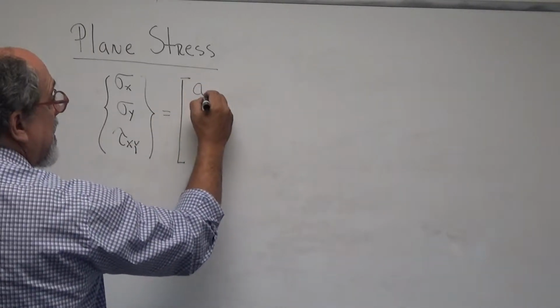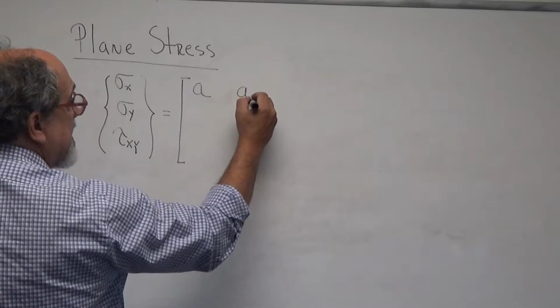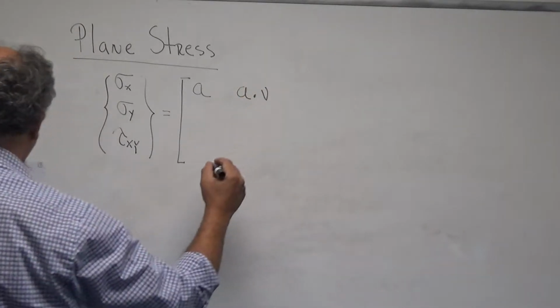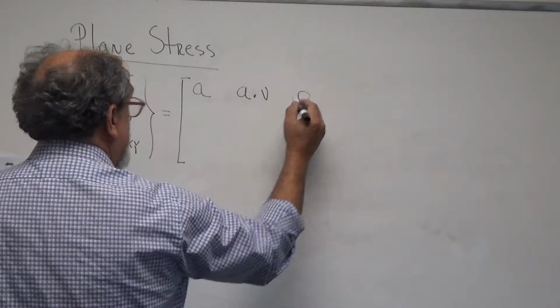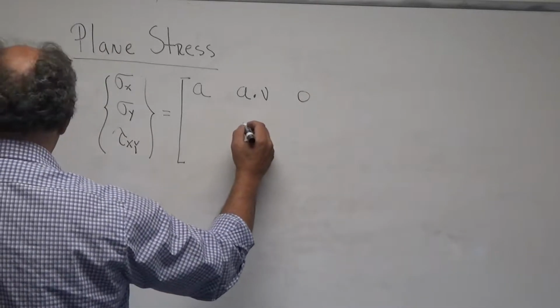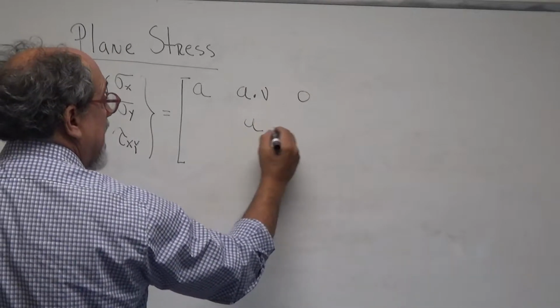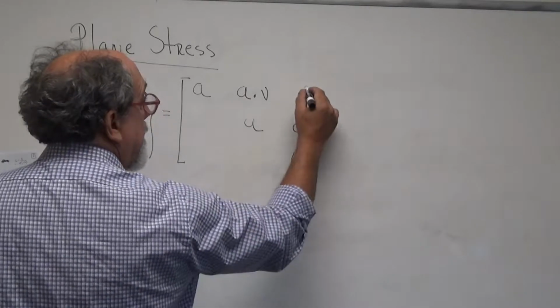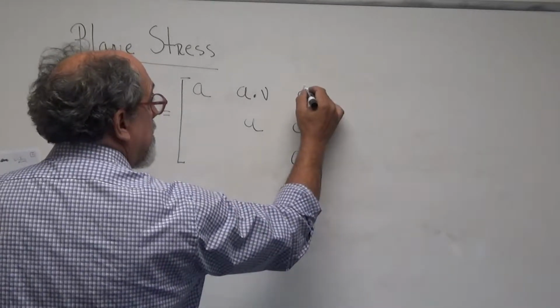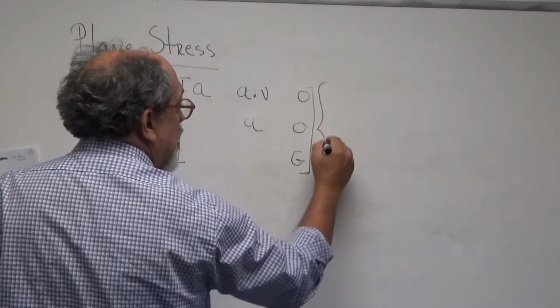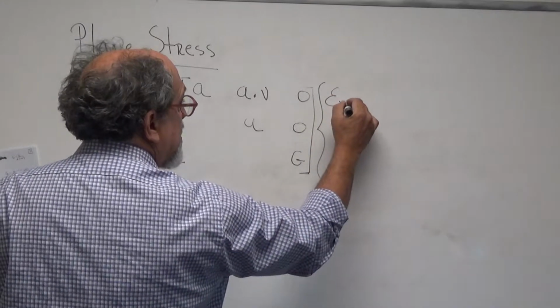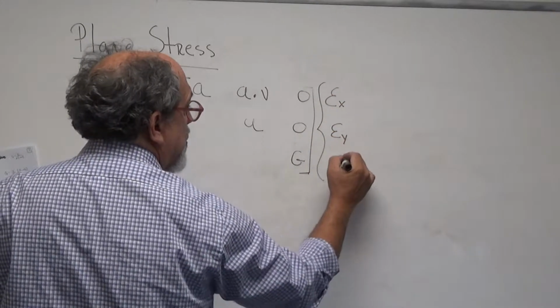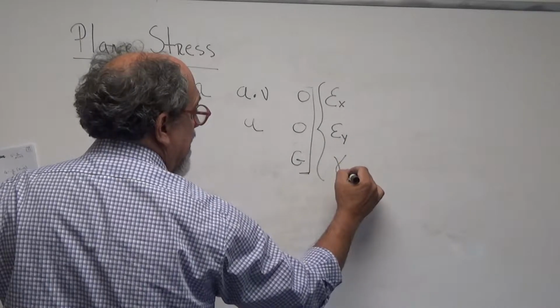So this is A times the Poisson's ratio. This is 0. This is symmetrical, so I'll just write it like this, and this is G. That matrix multiplies the strain in the x direction, the strain in the y direction, and the shear strain.